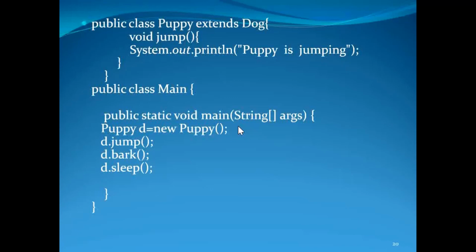So Dog has a method known as bark. It has derived another method from the class Animal, that is the method sleep, and the Puppy derives both the methods of Dog, that is bark and sleep. It has its own method jump.